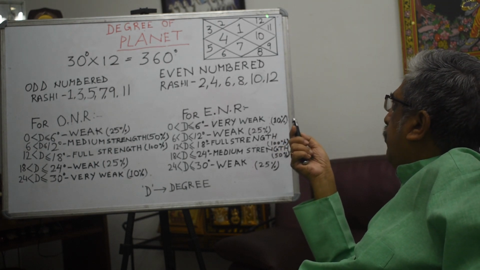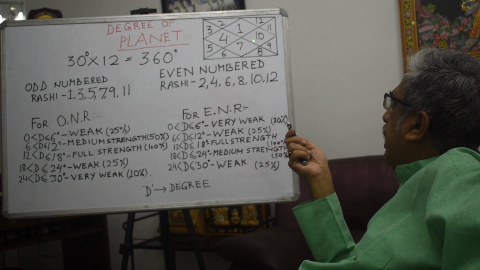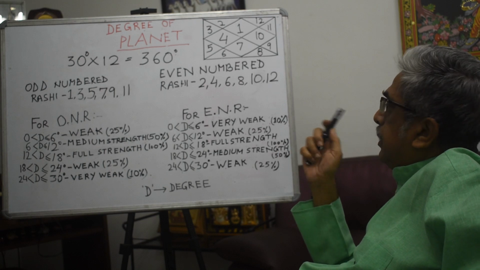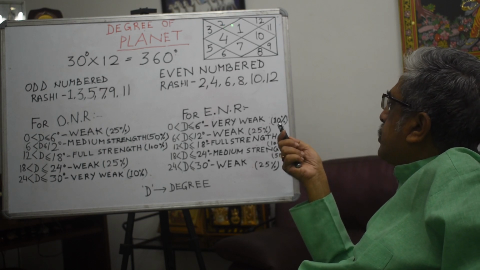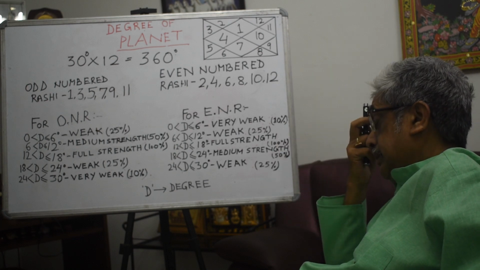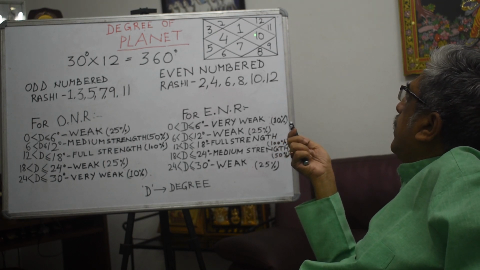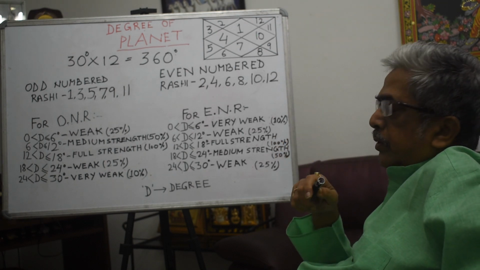This is a horoscope, for example. In this horoscope, as usual, there are 12 houses. Now each house has a width of 30 degrees. Maybe the first house, maybe the fourth house, maybe the seventh house, maybe the 10th house, or maybe the 12th house.